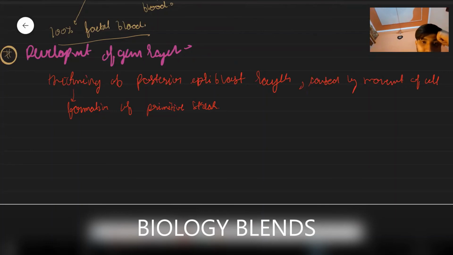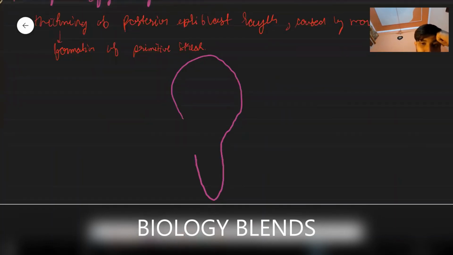So here is the basic diagram. It is the primitive streak and the epiblast.